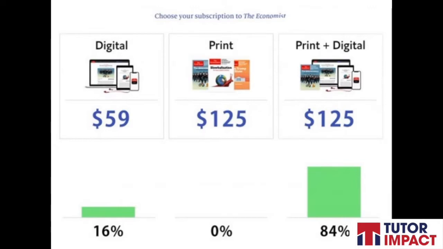But as we saw before, when the print option wasn't available, the majority of students, 68%, opted for the digital package. So, the introduction of the print package actually shifted students' preference towards the print and digital package. So this is a great example of how a third irrelevant alternative can shift people's preferences between two options.